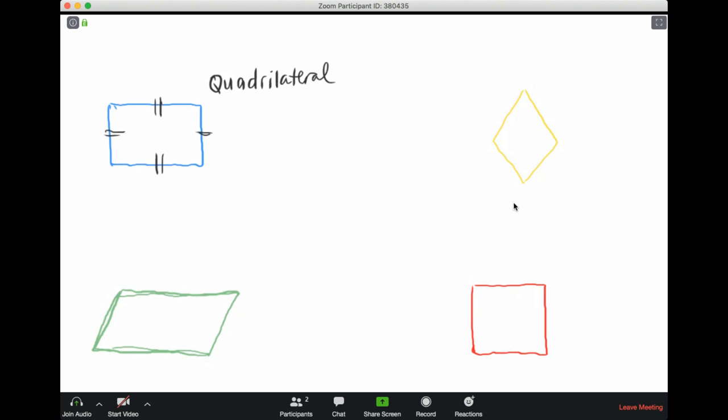The top and bottom are the same length, and side to side are the same length. So it can be called a parallelogram. And because this one has right angles, it can also be called a rectangle and a square.